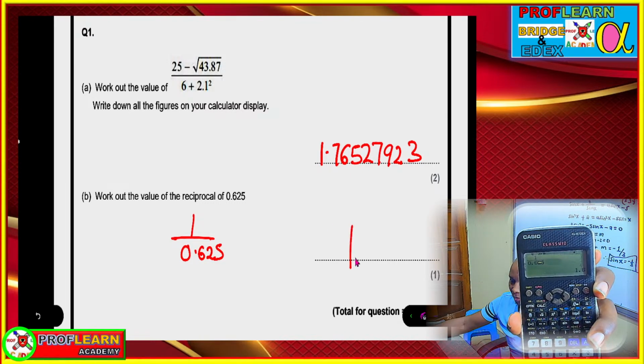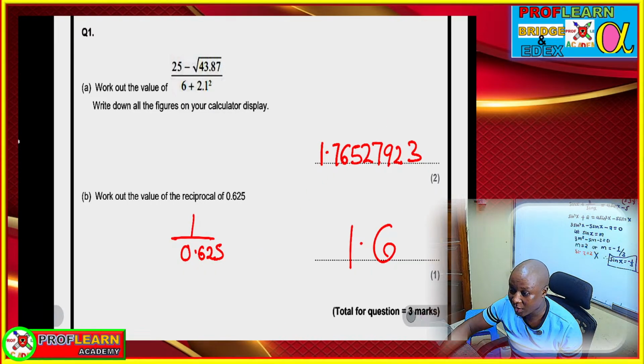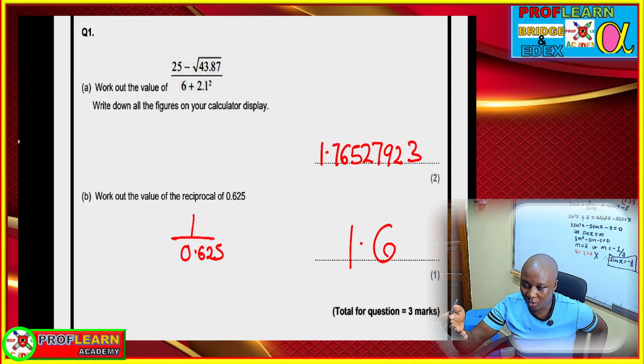So I'll write here 1.6 as our final answer. So in the event you're given a question like this and you're supposed to work out the reciprocal, that is exactly what we're going to do in order to work it out.